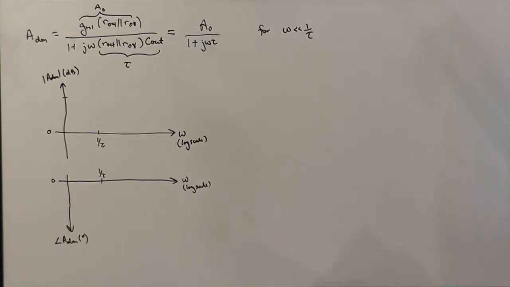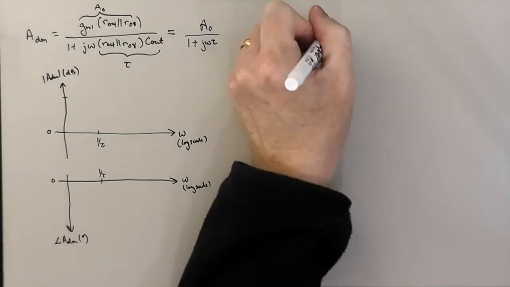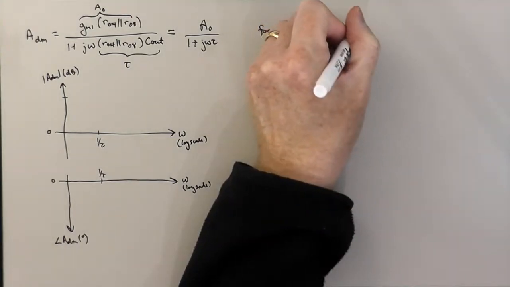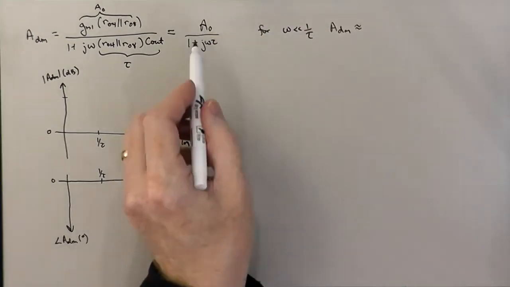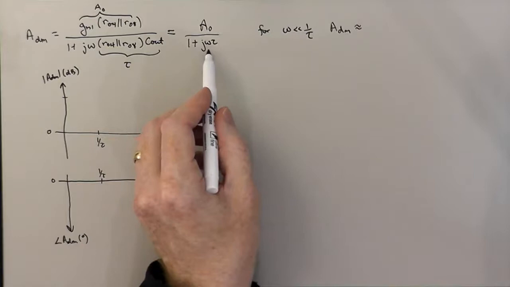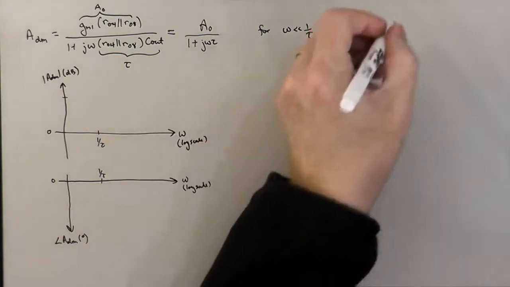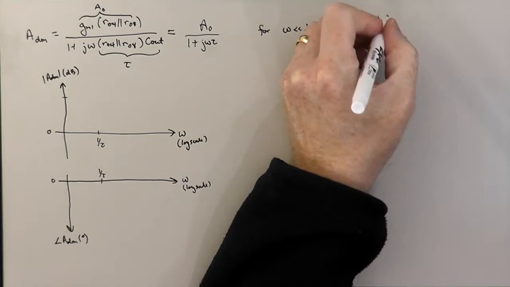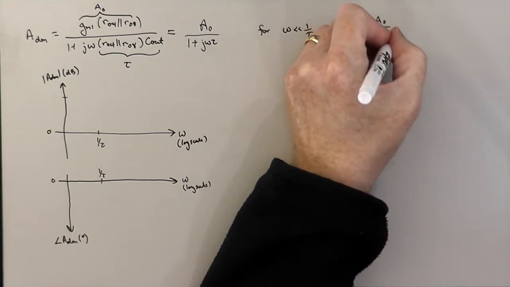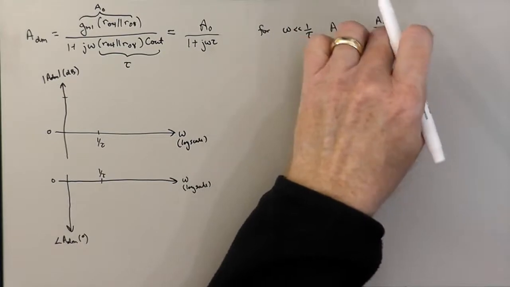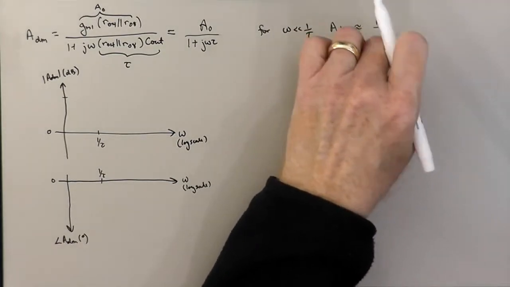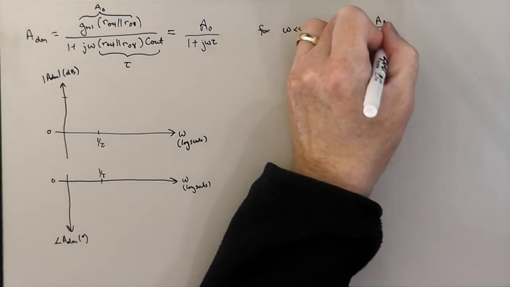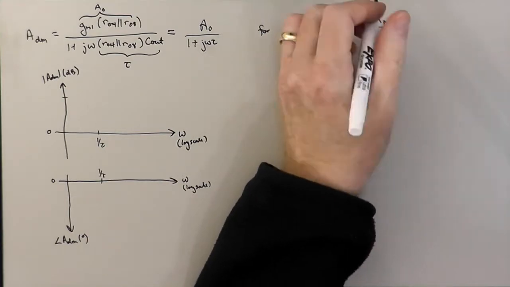So for omega much less than 1 over tau, we can write ADM as approximately being A0 divided by 1 plus something that's small compared to 1 in magnitude. So it would be like A0 over 1 plus small, which is just A0 over 1.